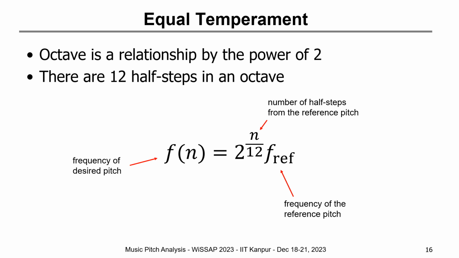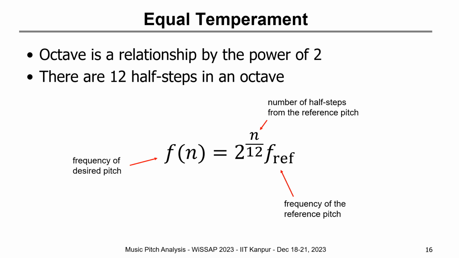Equal temperament tuning is to divide an octave. An octave is a relation of 2, or power of 2, right? In terms of the frequency in hertz. We equally divide one octave into 12 half steps in the logarithmic scale. And using mathematics, we can write it down as this.